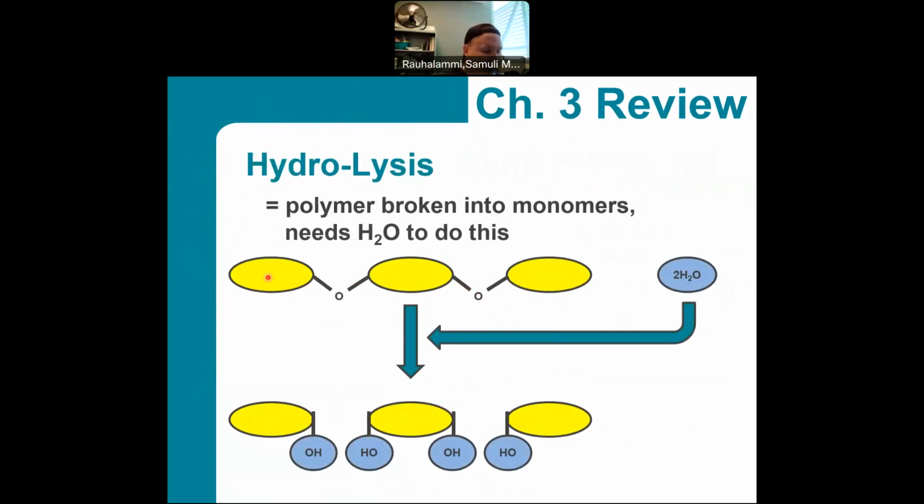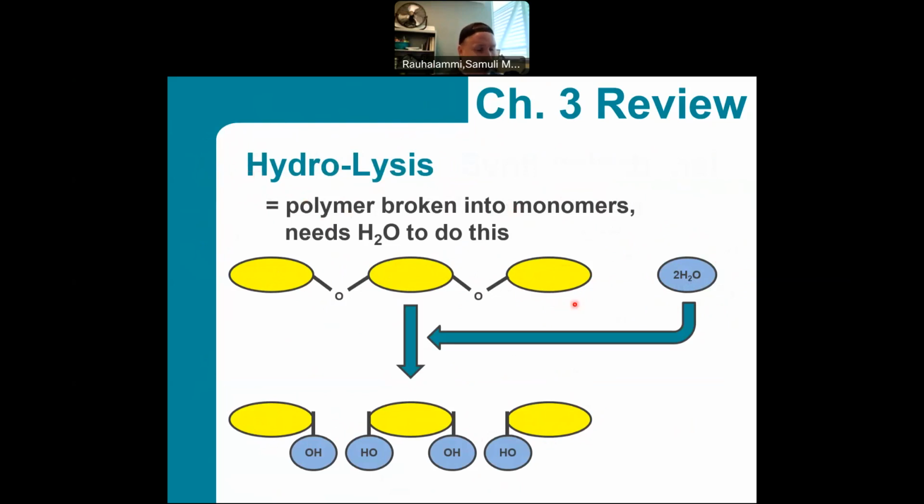So when we're breaking something apart, we often talk about lysis. We're breaking a large polymer into small individual monomers. There's lysis happening. And how we're able to break apart this large polymer into individual monomers is with the help of water. So by adding water to this reaction, that's where the word hydro comes into play.